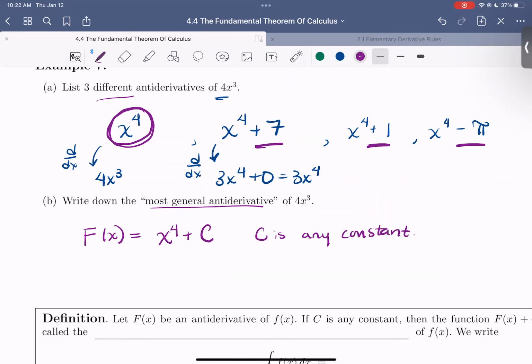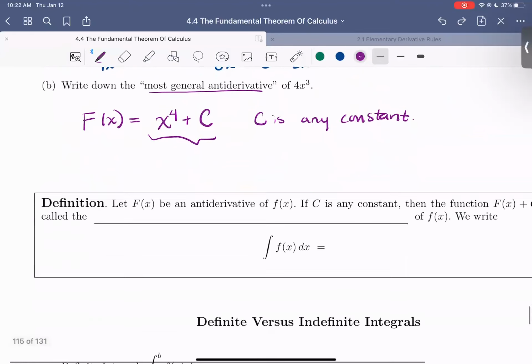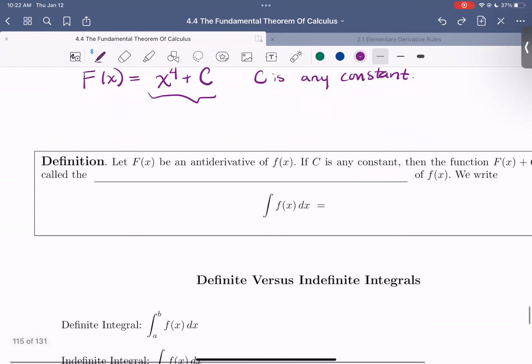So to communicate that we can just add a constant and get another antiderivative, we write a general antiderivative as our kind of root function plus c, plus a constant. And this leads us to our final definition in section 4.4. Let big F of x be an antiderivative of little f of x.